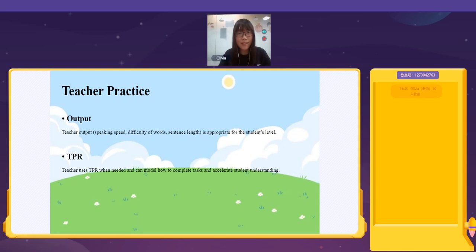And the next one is TPR. Teacher uses TPR when needed and can model how to complete tasks and articulate students' understanding. So please focus on your TPR. It's different compared with a small group.